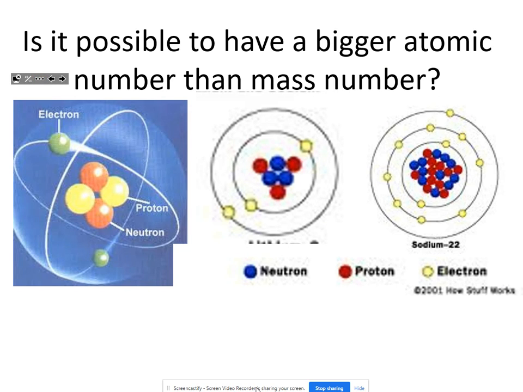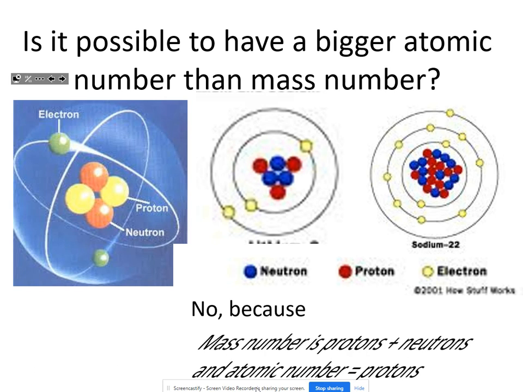Is it possible to have a bigger atomic number than mass number? I am asking you that question. The atomic number is what? The number of protons. The mass number is protons plus neutrons. So hopefully you thought, and you said no. Here's why not.